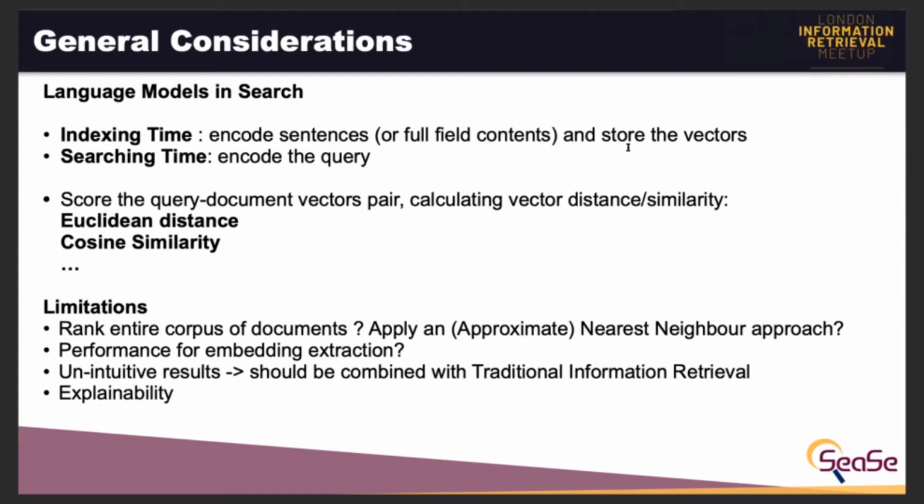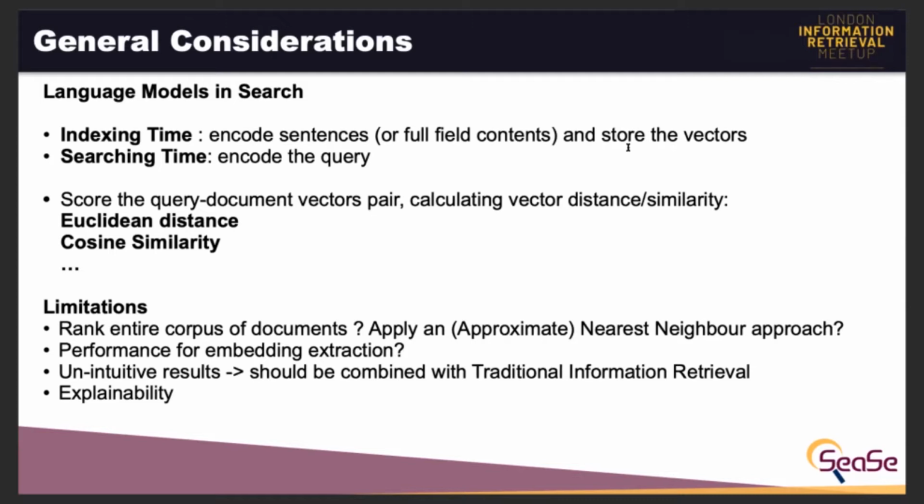You may use the Euclidean distance to calculate how close two vectors are to each other, or the cosine similarity to understand how close they are in terms of the angle that separates two high-dimensional vectors.